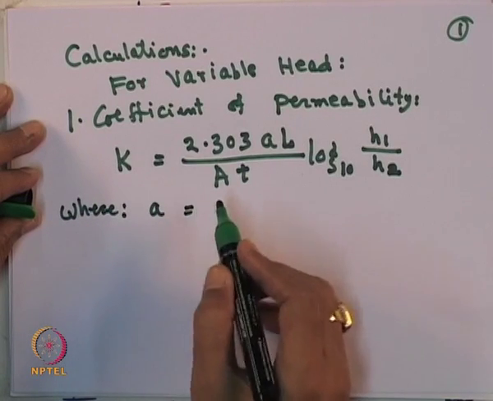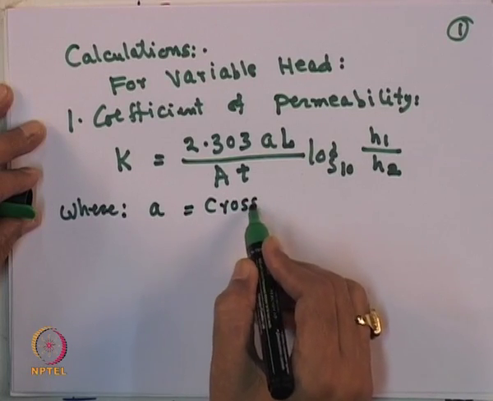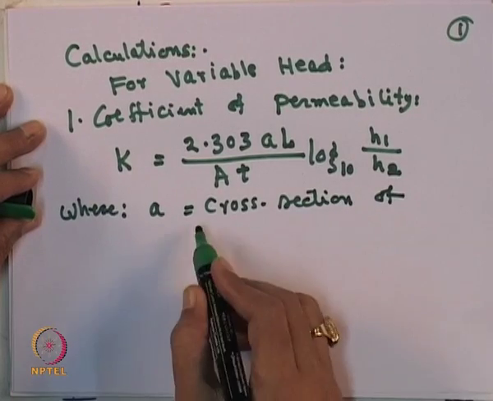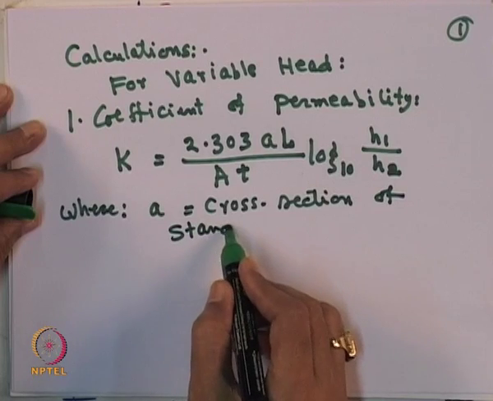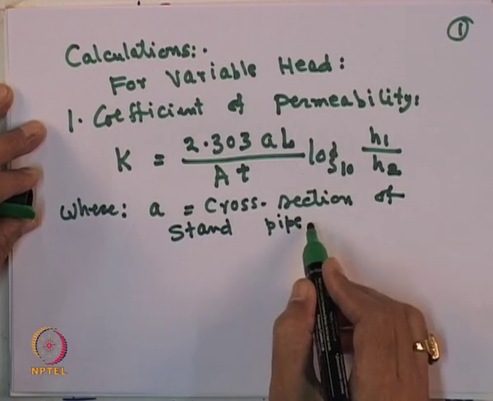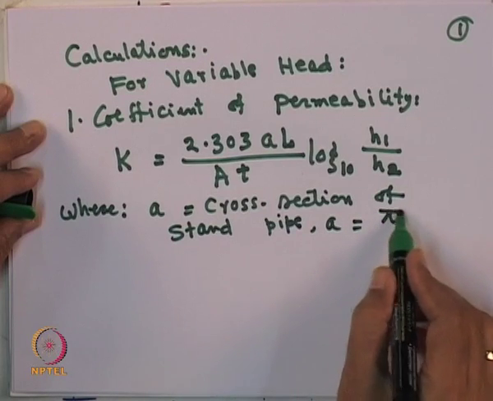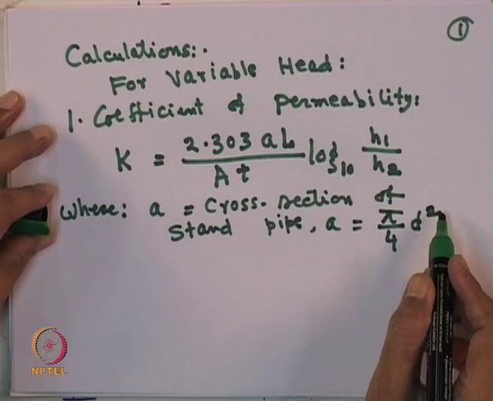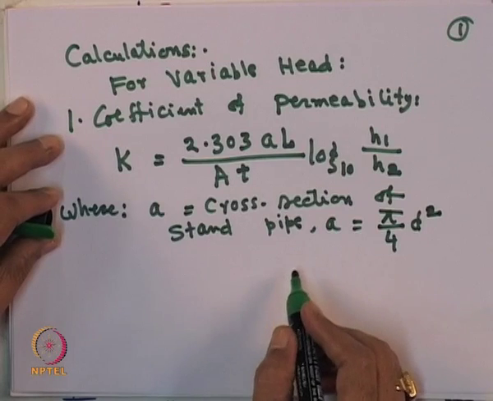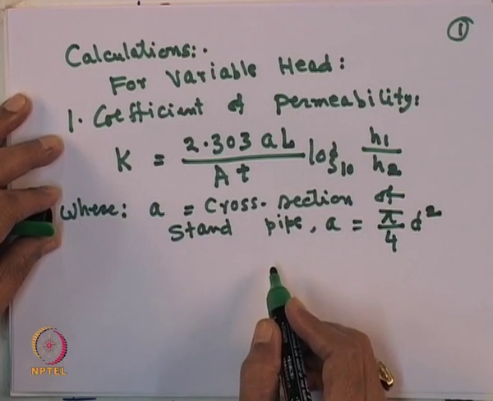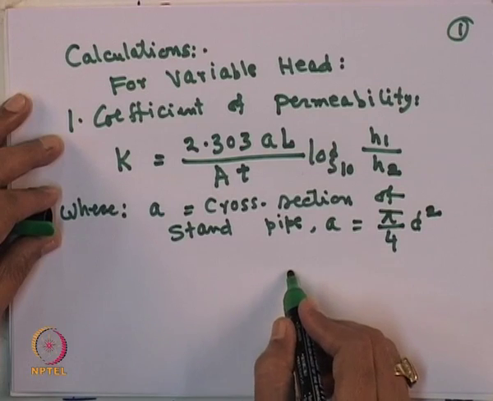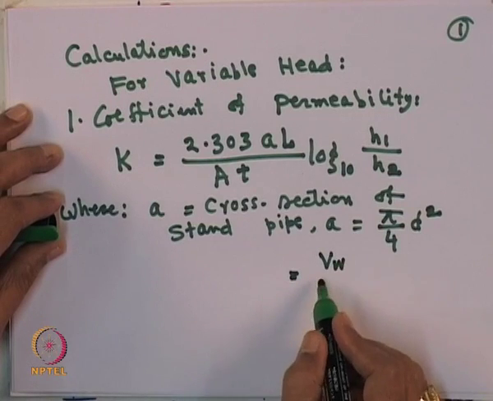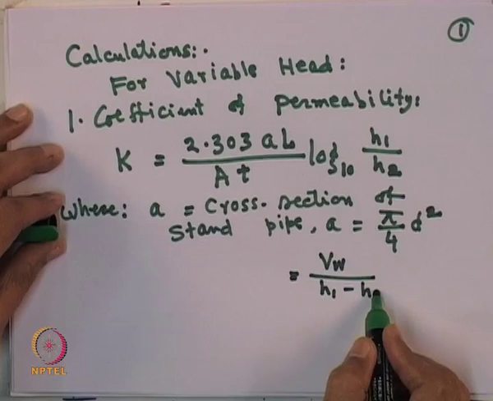That a is the cross section of the standpipe, which will be equal to pi by 4 into d square, and that will be equal to VW divided by H1 minus H2.